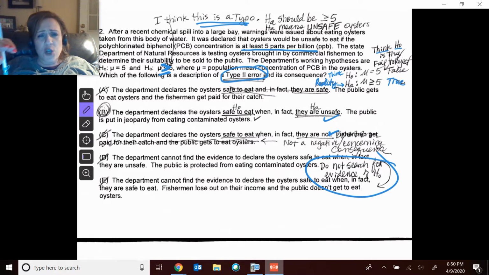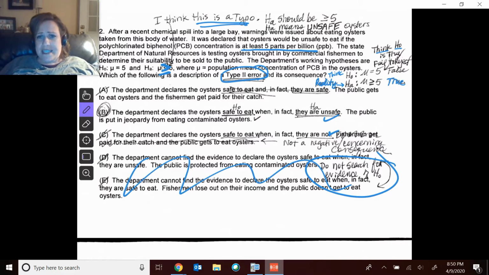Evidence is never about H0. The evidence that we get is always telling us if we have evidence or we do not have evidence to go with HA. Very important. So never say evidence regarding H0 ever. So that's what makes both D and E bad.